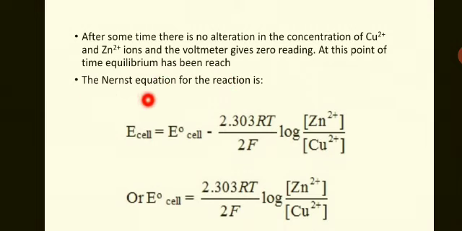Then the Nernst equation for the reaction becomes E cell equals E0 of the cell minus 2.303 RT upon 2F log of the molar concentration of zinc ion divided by the molar concentration of copper ion. To change natural log to normal log, we multiply by 2.303. So the EMF of the cell becomes 0 at equilibrium, and E0 of the cell becomes 2.303 RT upon 2F log of Zn2 plus over Cu2 plus molar concentration.